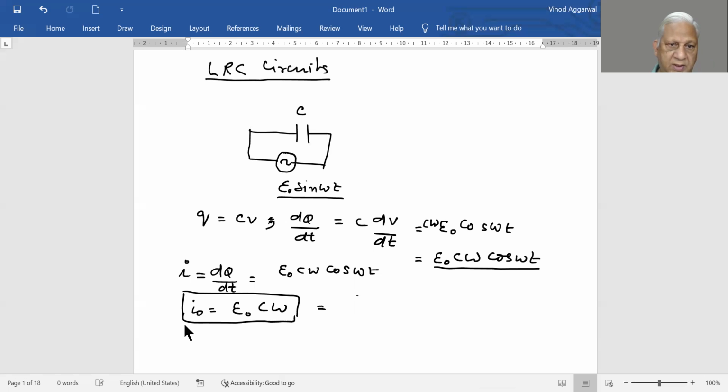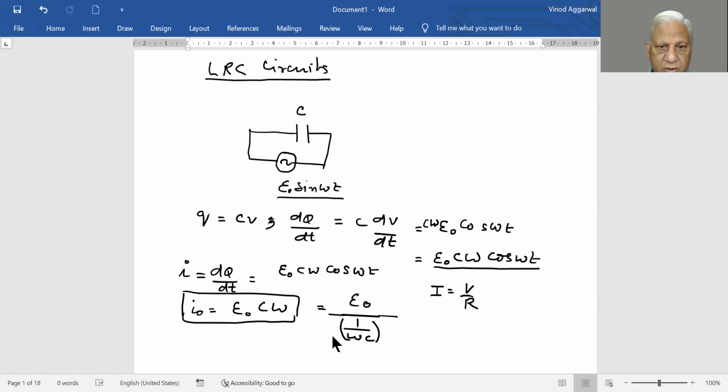Or we can also write it like this. Why we write it like this? There is a reason for writing like this. The reason is that we want to convert everything to look like what you remember in DC current, we always wrote I is equal to V by R. So we want to bring AC treatment in line with DC treatment.